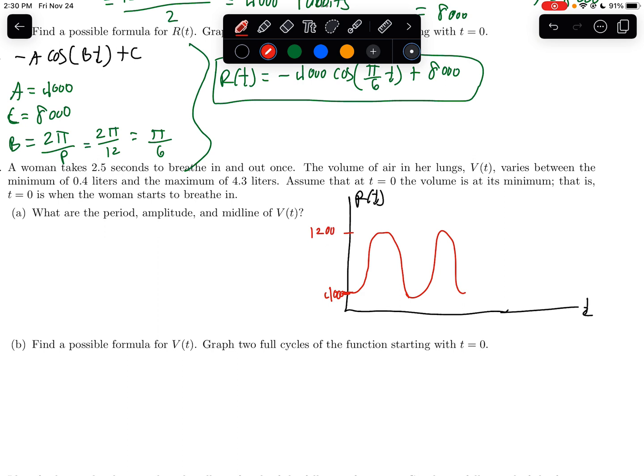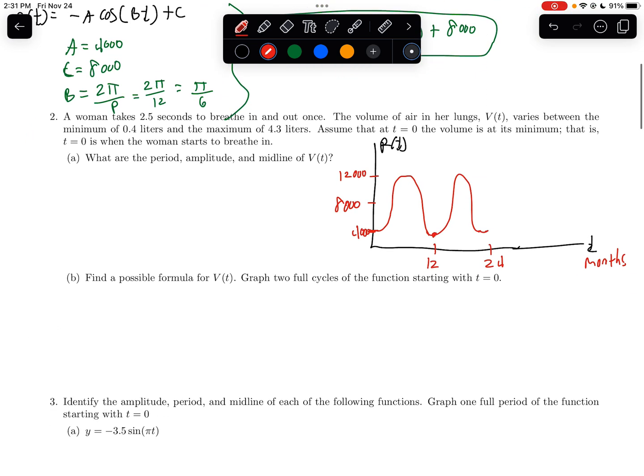That was given to you. The midline value here is at 8,000. And this first cycle is 12 months, and this is then 24 months. So that would be the approximate graph of this function.